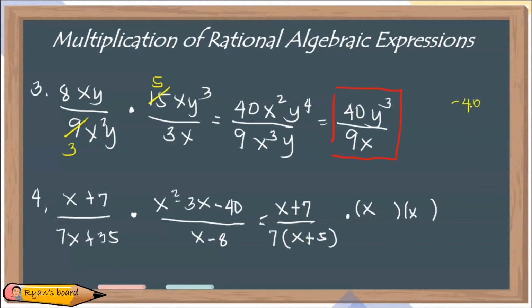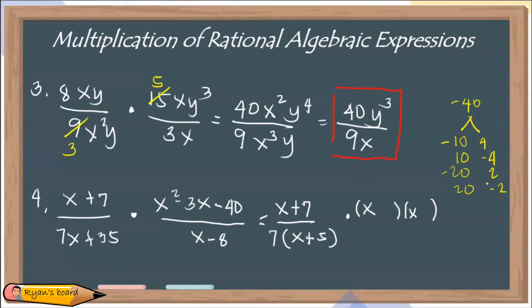Kung negative 40 yan, ang factors niyan ay negative 10 times 4 or 10 times negative 4. What else? Let's say negative 20 times 2 and 20 times negative 2. Meron kaya dito na pag inadd natin ay negative 3?